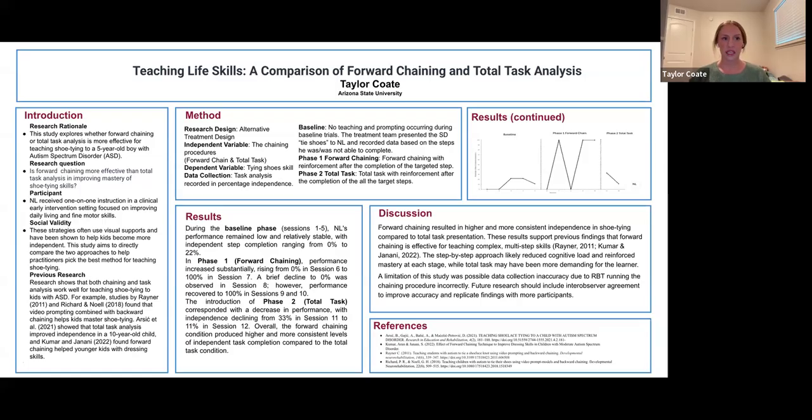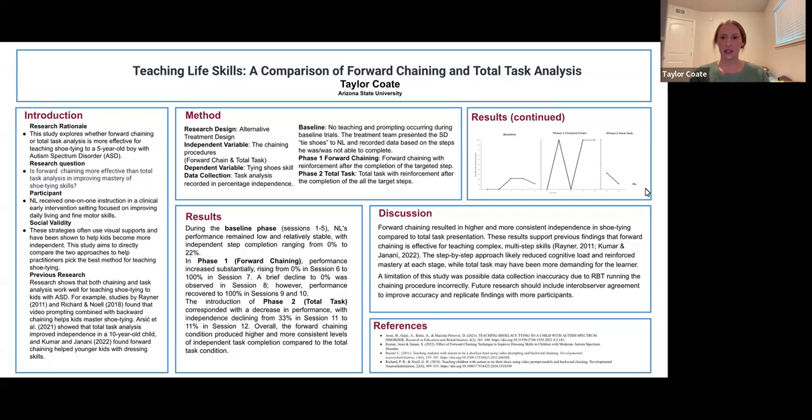Another behavior I was seeing when I was doing IOA was that he would state, I don't know how to do this, and kind of wait for the tech to give in. So that behavior was put on extinction. We're going to develop these skills so he can know, hey, I know how to do this, I don't need to say I don't know, and if I do need help, I can just request it.